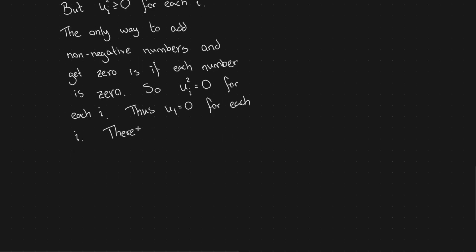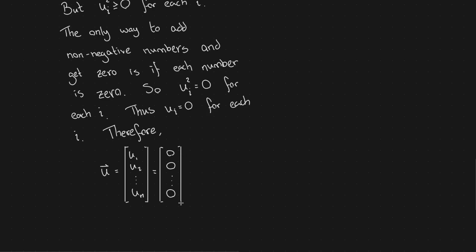Therefore, vector u, which is components u1, u2, all the way to un, well, u1 must be 0. u2 must be 0. All these ui's must be 0. All these u's with subscripts must be 0.